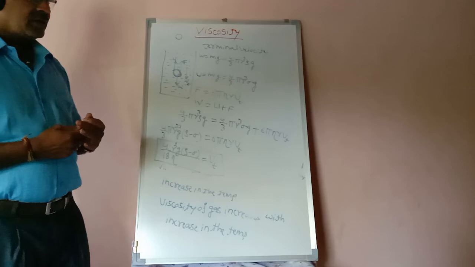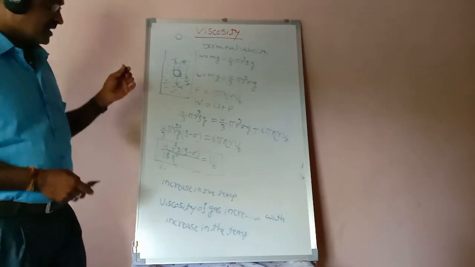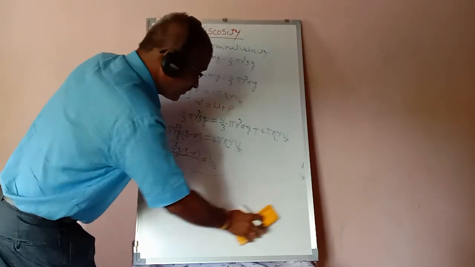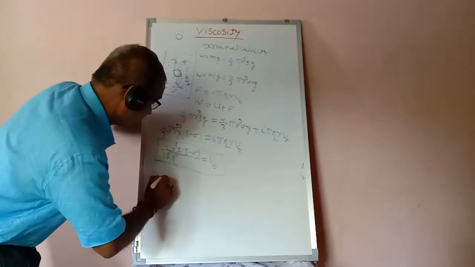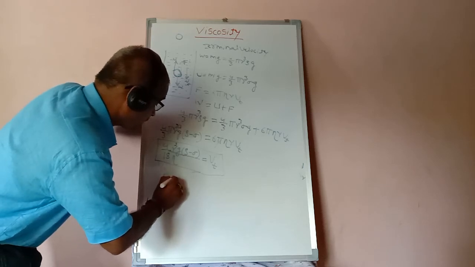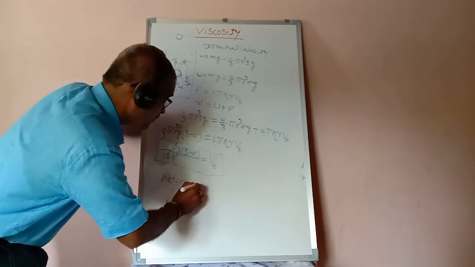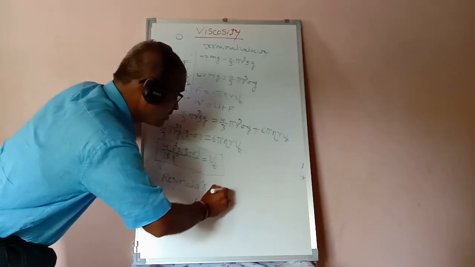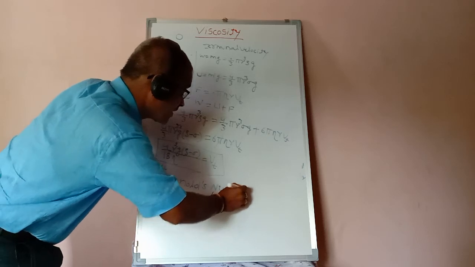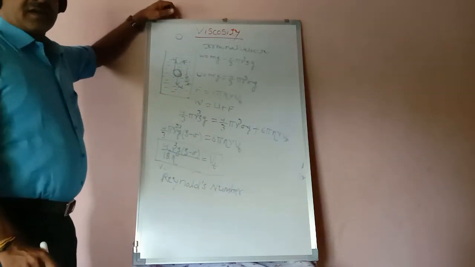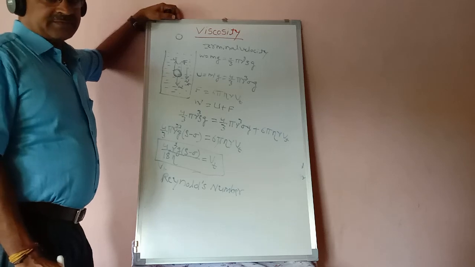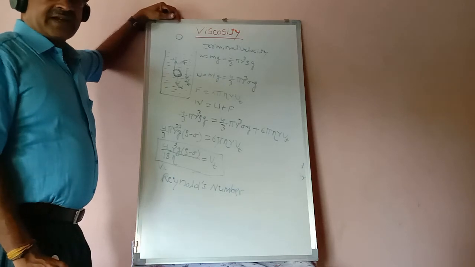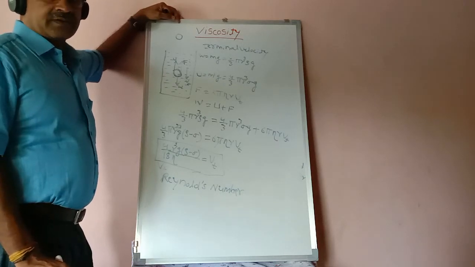The next one is the Reynolds number. It is a pure number, and this pure number decides the nature of the flow of fluid.